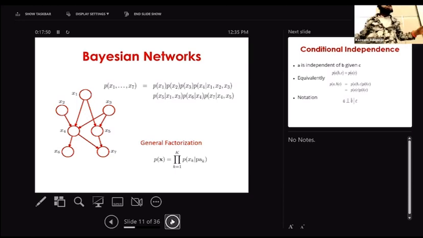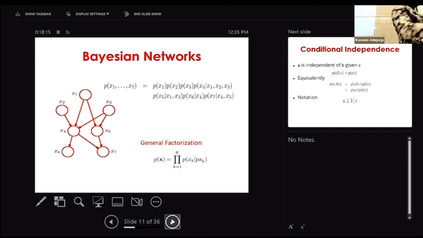They are starting on their own. They don't have ancestors. They don't have parents. And if they don't have parents, we're going to write them marginally. It's going to be probability of x1 multiplied by probability of x2 multiplied by probability of x3.